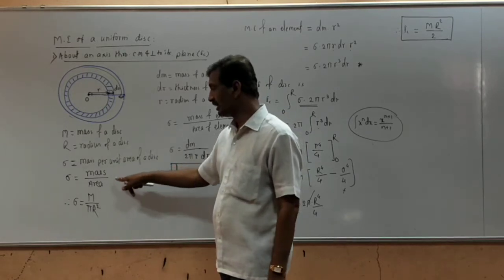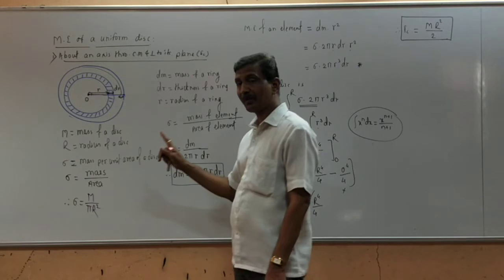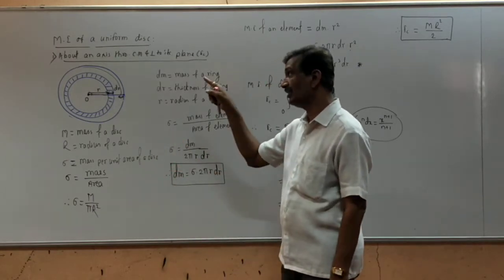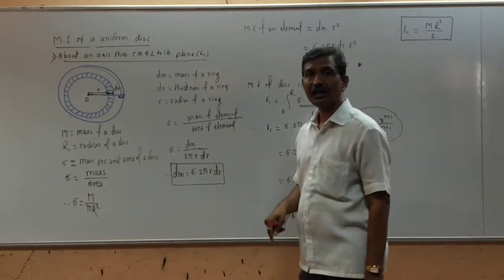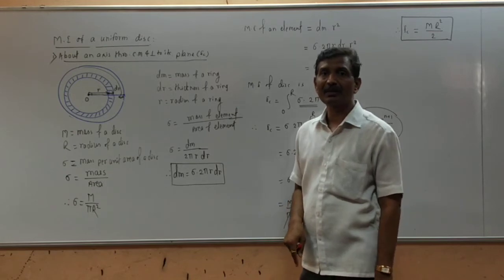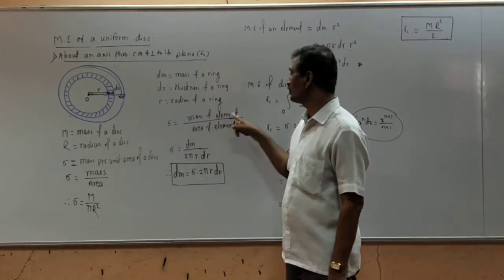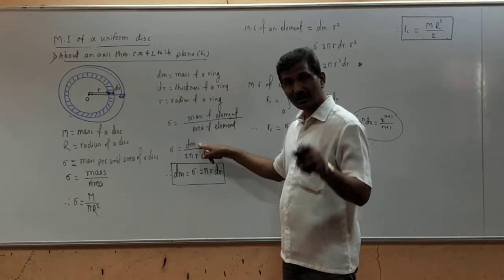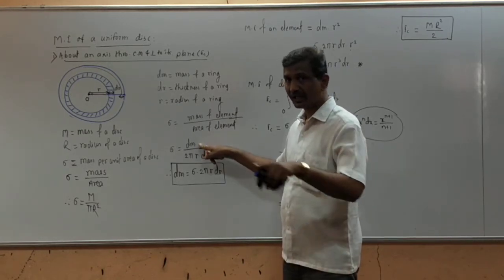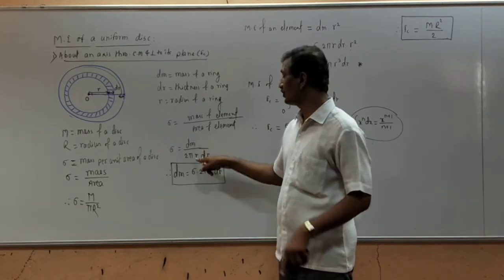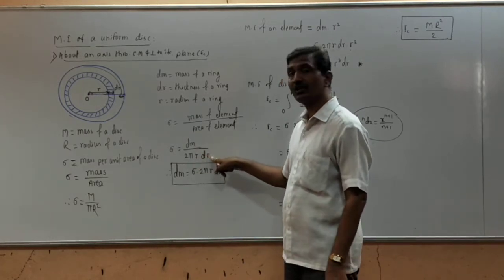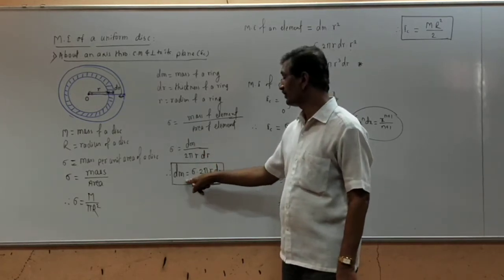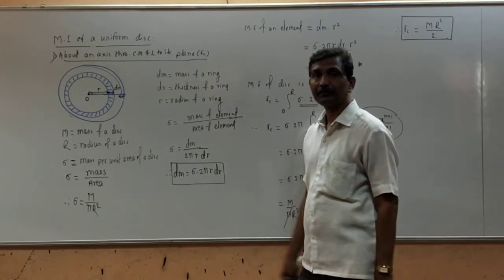So sigma is M upon capital R square. Apply the same definition for the ring so that we get the mass of the element, means mass of the ring. So sigma equals mass of element upon area. Mass of the element means ring is dm, and the area of the ring is circumference into thickness. So it is 2 pi r into dr. Therefore finally we get dm is sigma 2 pi r dr.